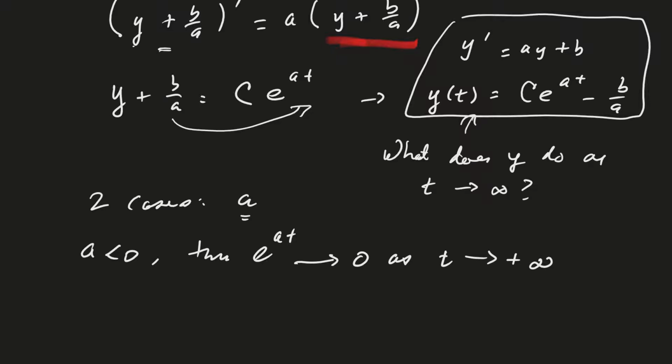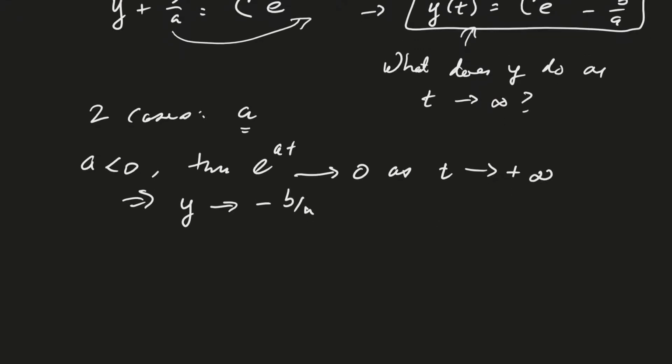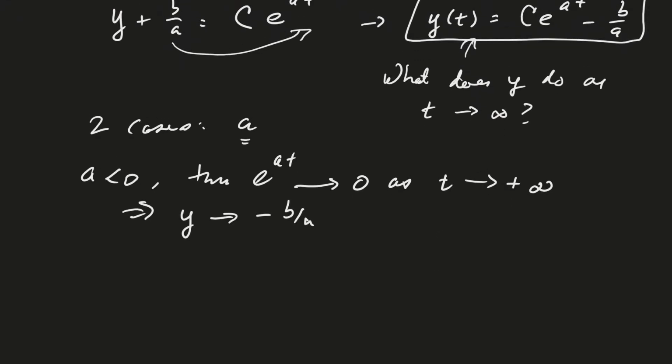And so, therefore, y would go to minus b over a. And in fact, this is kind of an interesting situation, because consider the case where c is equal to 0, so that y is equal to minus b over a.